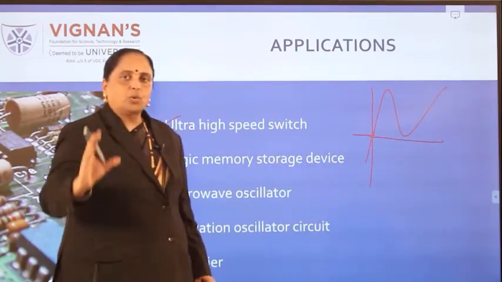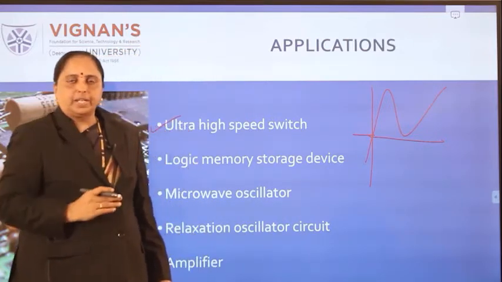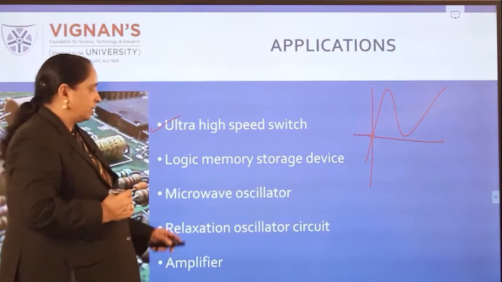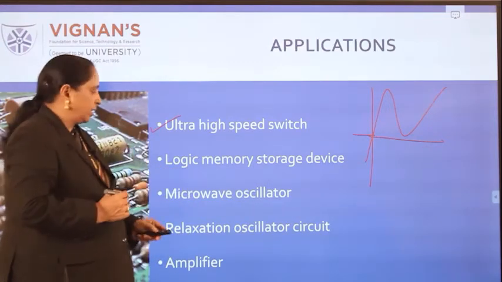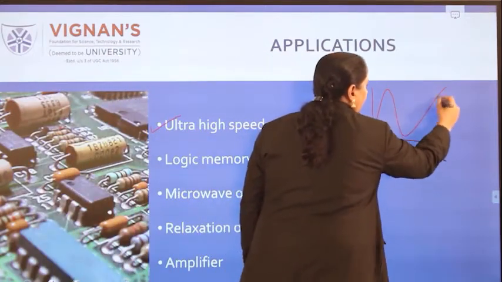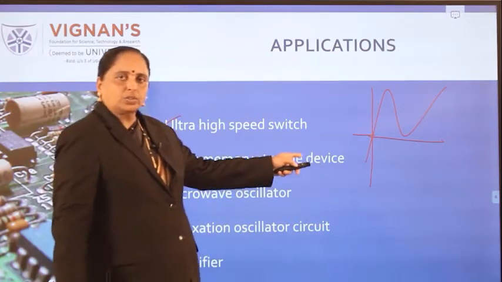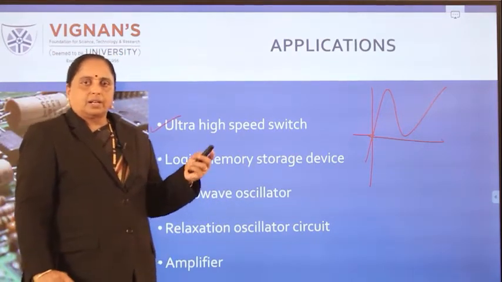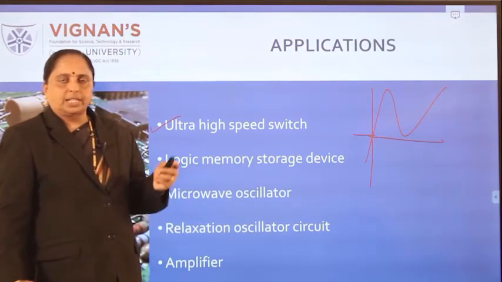It gives more excess current, peak current, and then it will come to a valley current also. Therefore, logic memory storage device, microwave oscillator, because an oscillator is nothing but a waveform generation. So it looks like a microwave oscillator which has a narrow frequency, that is, low frequency.